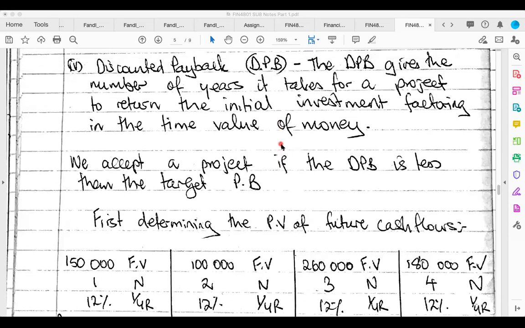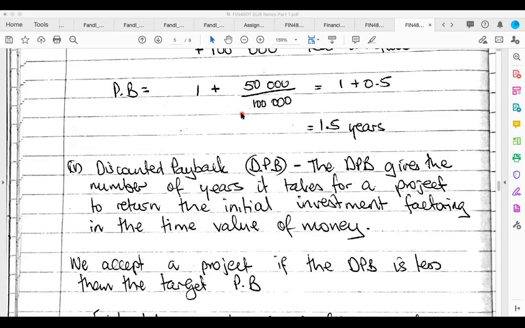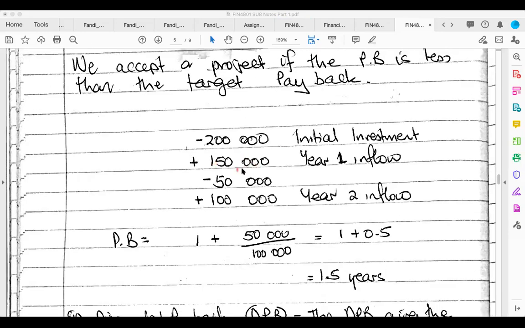But the payback has a disadvantage in that it doesn't consider the time value of money. So rather, we can look at the discounted payback. The discounted payback gives the number of years it takes for a project to return the initial investment, factoring in the time value of money. So with the discounted payback, we use the same approach that we used here to calculate the payback.